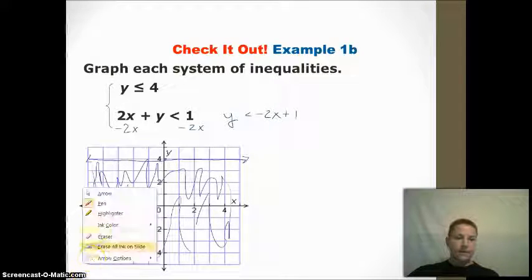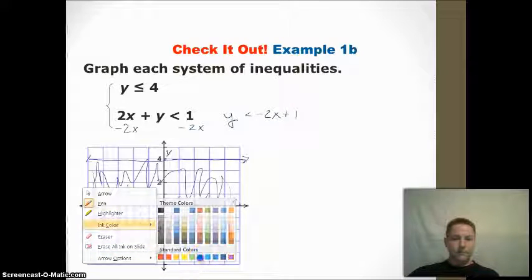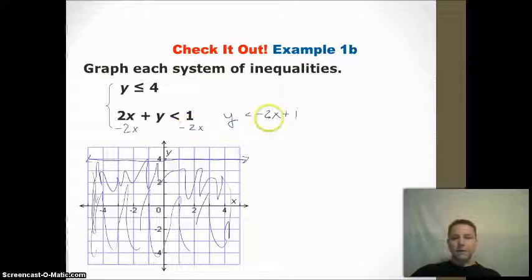Okay, green. Here. +1 for my y-intercept. Up 2, backwards 1. Dotted line. And less than.